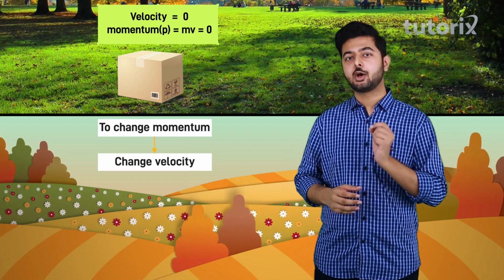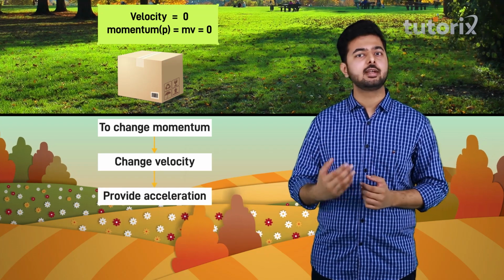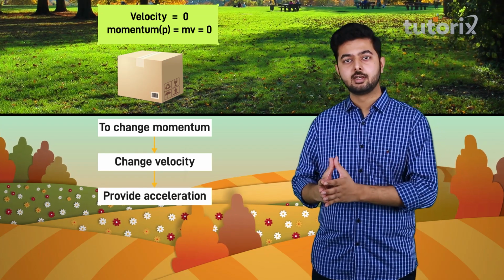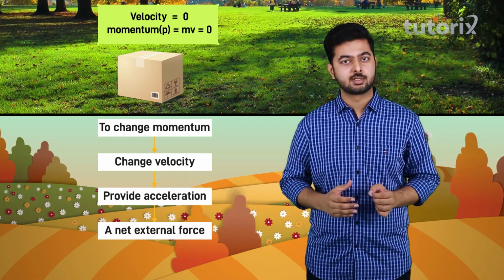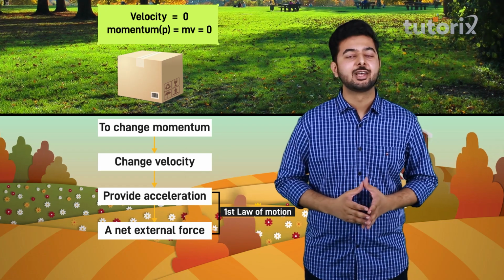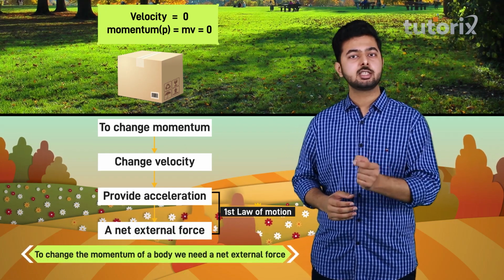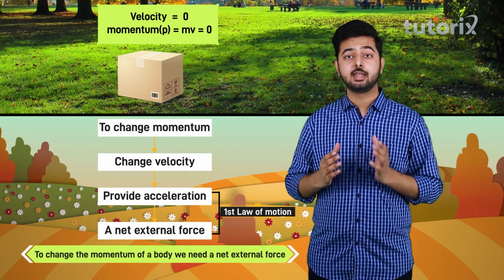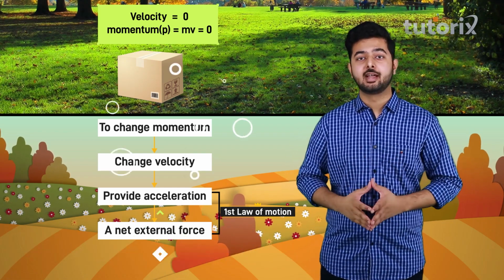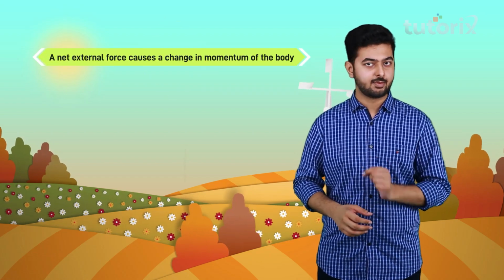To change its velocity means to provide it with some acceleration. And to provide it with some acceleration, we need a net external force. That's what we have learned from the first law of motion, isn't it? So it means that to change the momentum of a body, we need a net external force. We can also say that a net external force causes a change in momentum of a body.